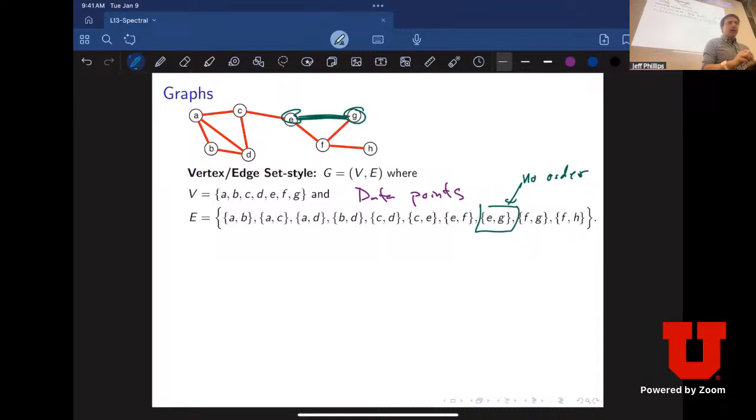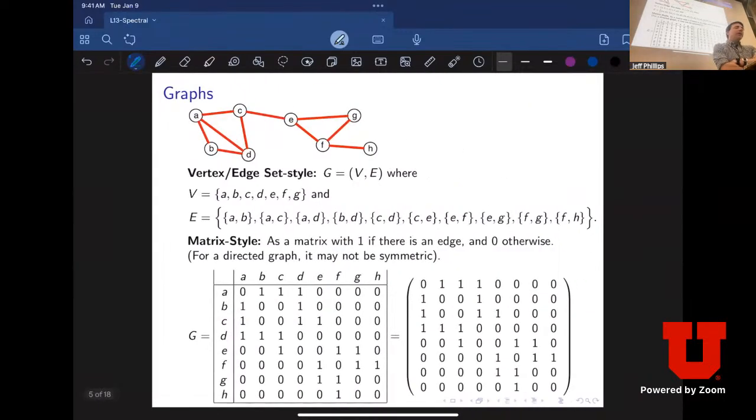Another way of representing a graph will be as a matrix. You can think of it as a table, which I've written on the left, and then you can write this as just a matrix, but the table has labels on the rows and columns.